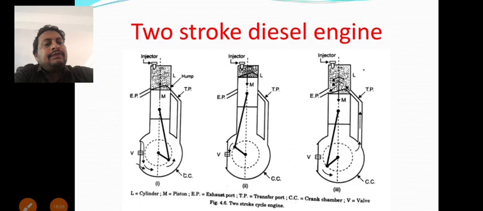The gases that entered during the suction stroke go from the crankcase to the engine cylinder. That is the transfer through the transfer port from crankcase to engine cylinder. So this is about the 2-stroke diesel engine. I hope you are understanding the concept of the 4-stroke diesel engine and 2-stroke diesel engine.